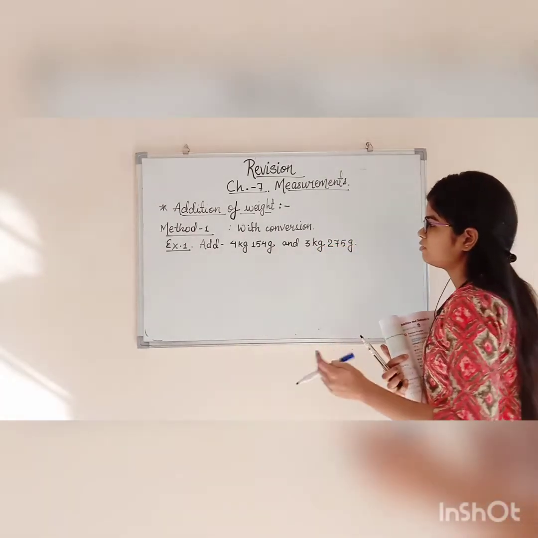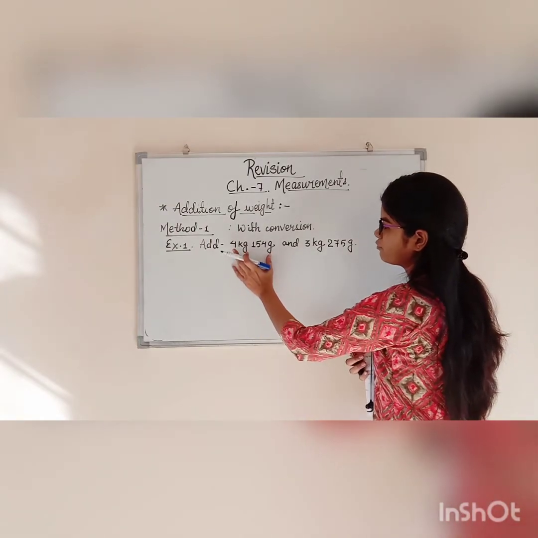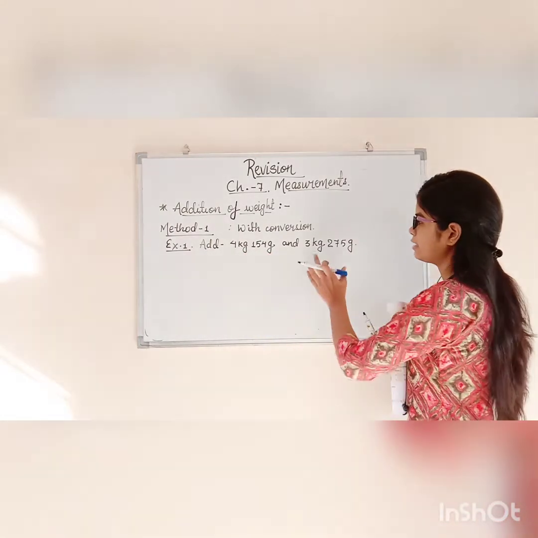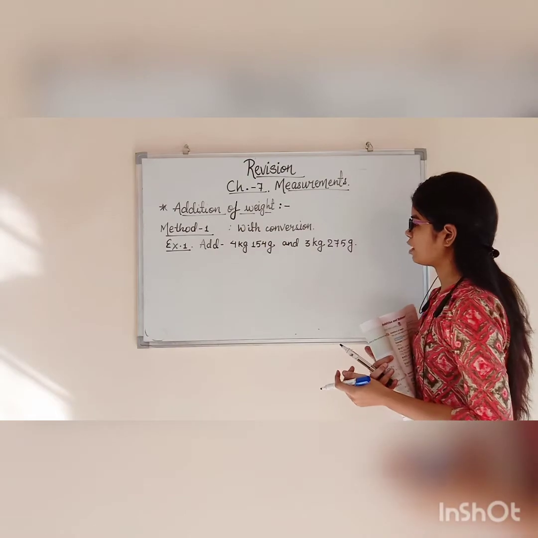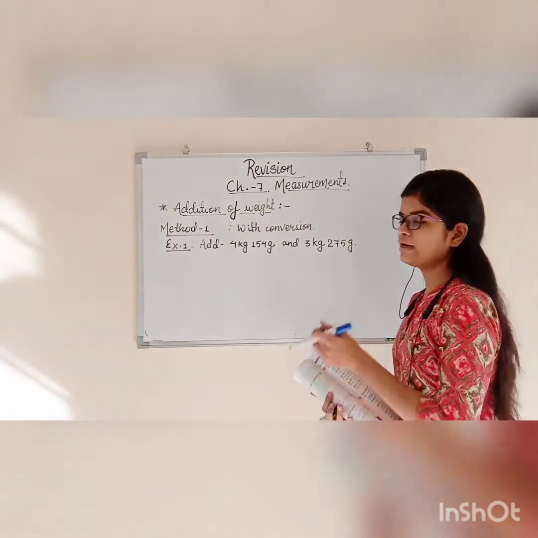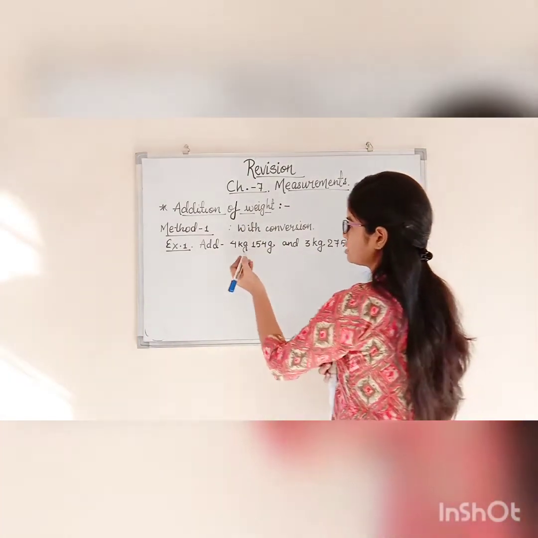So firstly we convert 4 kilogram 154 gram into grams, and then 3 kilogram 275 grams into grams, and then add these numbers.